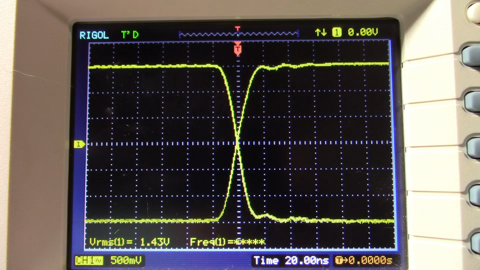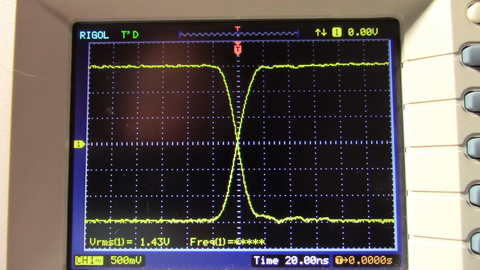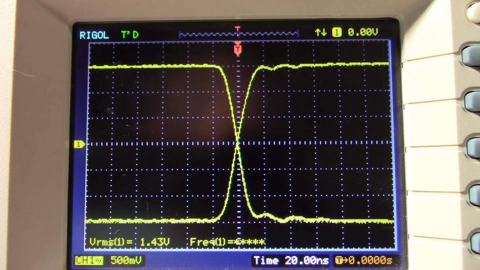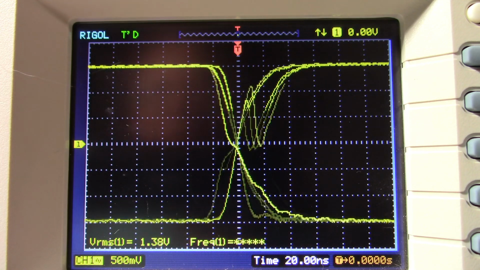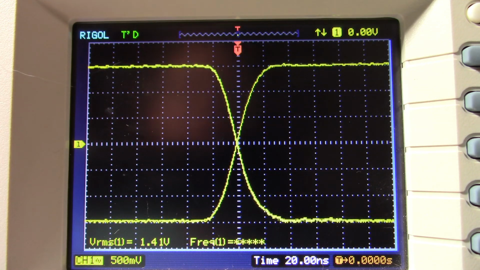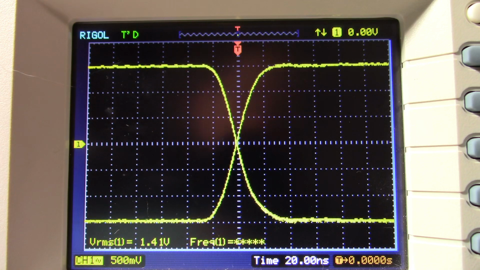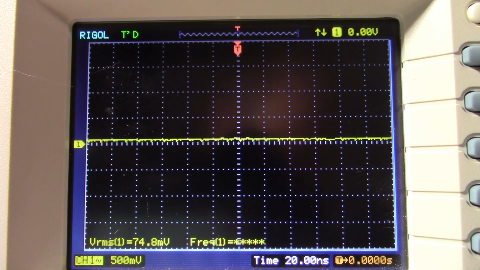It's not ideal, but still a ringing on the bottom, but it clears up the top. So maybe a 220 pico would be better. I don't know if I have one. A 330 definitely cleans it up, but it slows our signal down. I mean, it's still plenty fast enough, I think, for testing with the amplifier.